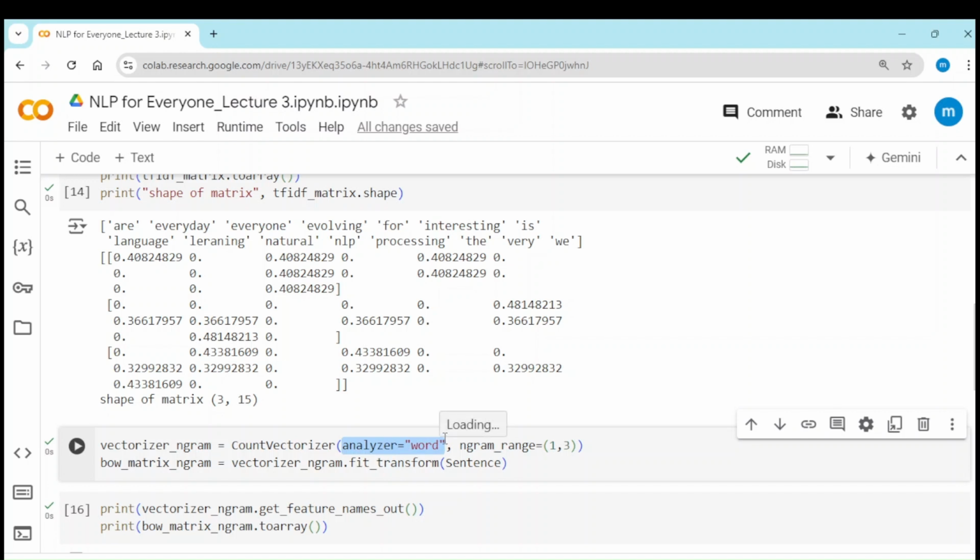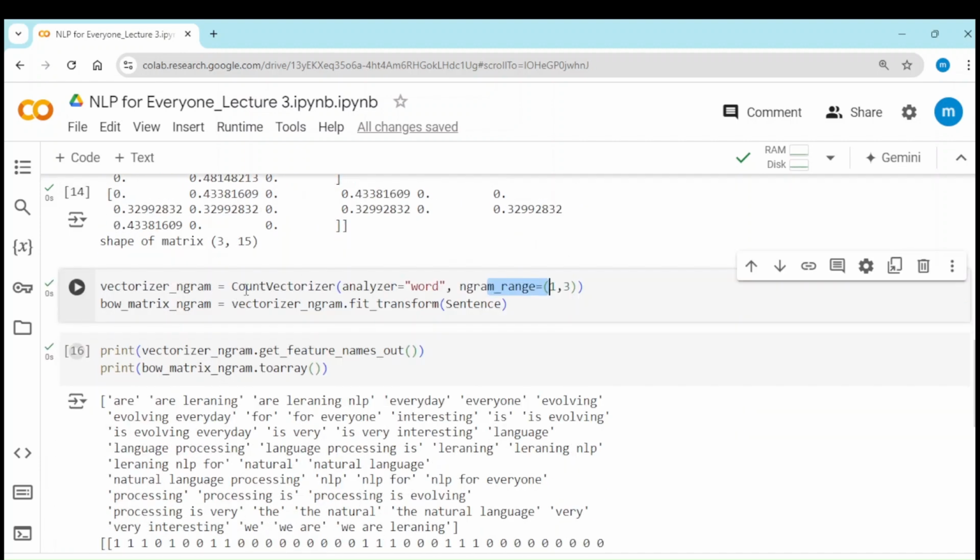There are different analyzers available, and we are saying ngram_range is 1 to 3, and then we are initializing the fit transform. When I say 1 to 3, we start with the unigram, then bigram and the trigram. All these combinations we are including in the n-gram.